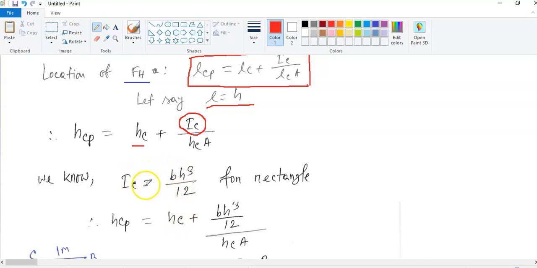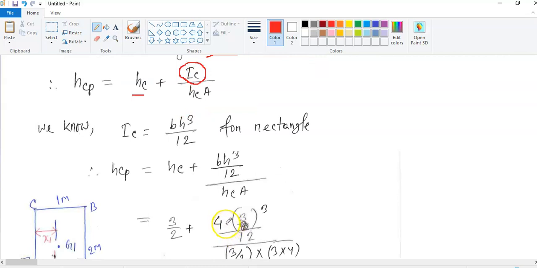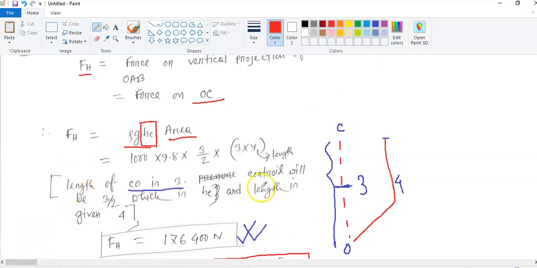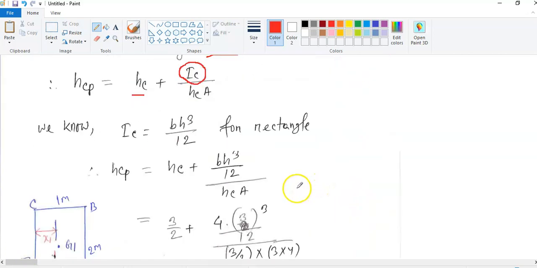So now substitute these values. h_CP equals h_C plus b h cubed over 12 h_C A. If you substitute all the values, h_C, the centroid distance, is 3 over 2, because the total length of the vertical projection was 3. And b is the length of the wall OAB, which was given as 4.